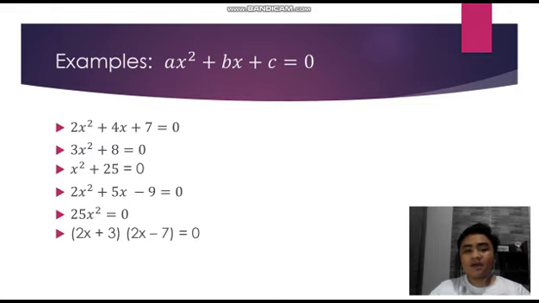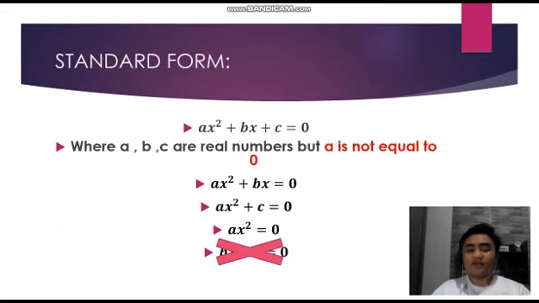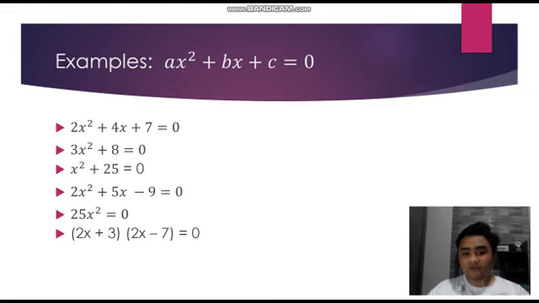Yes, it's still a quadratic equation even though we cannot see the real number b, because a, b, c are real numbers but a is not equal to 0, and real number a is present.